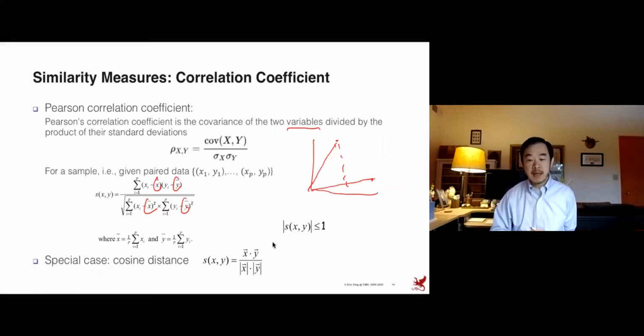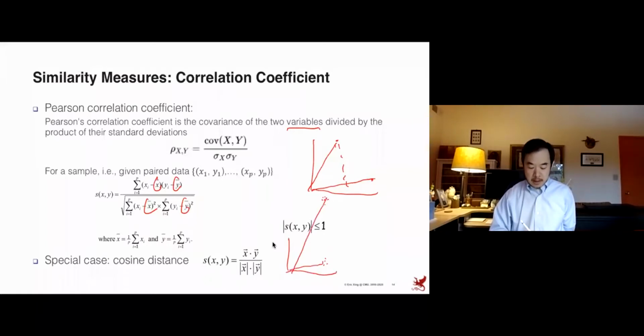For example, imagine that I have two groups of data points. One is in here, and the other is in here, for example. You can see that their magnitude can be very different.